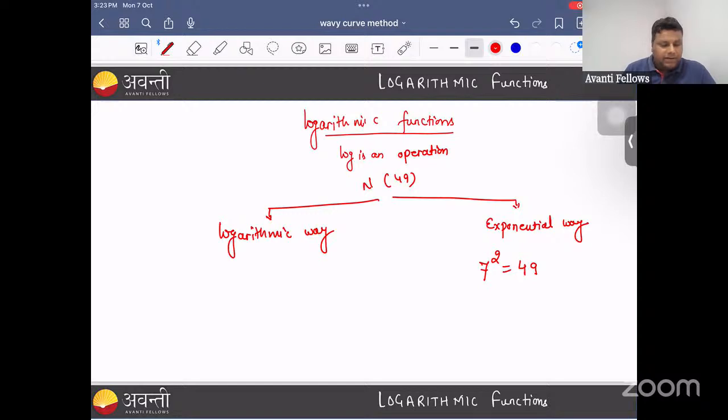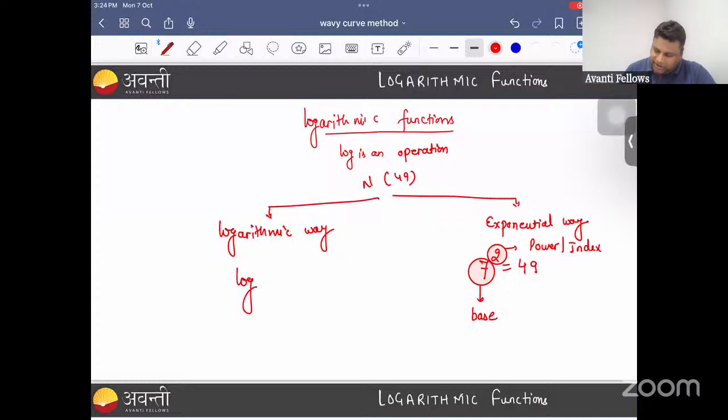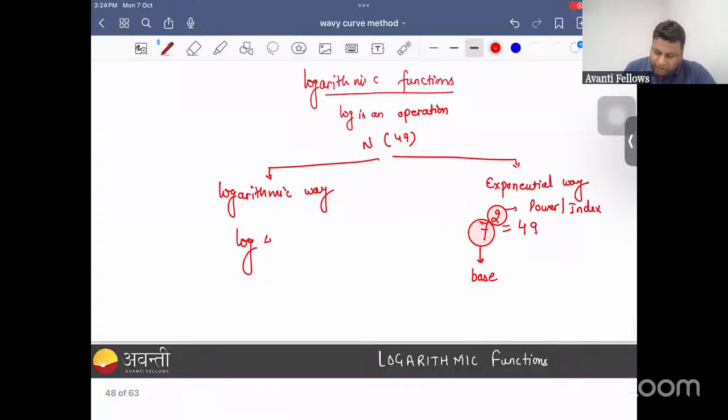All right. So here this 7 is called the base. This 2 is what we call the power or index. Got it? Now, in a logarithmic way, how do we write it? Log 49 base 7.